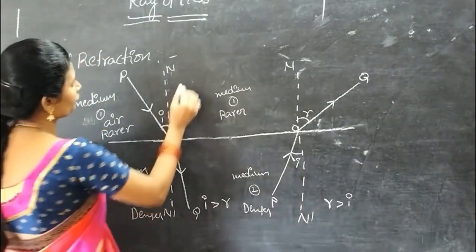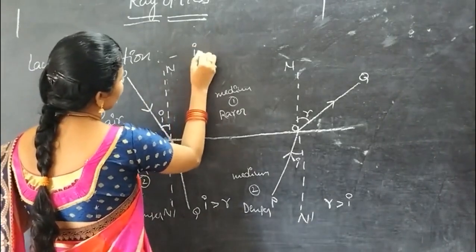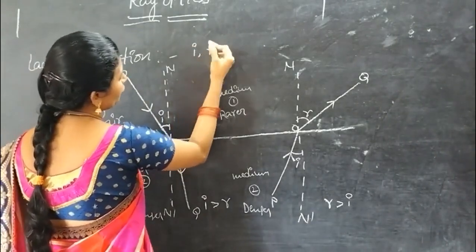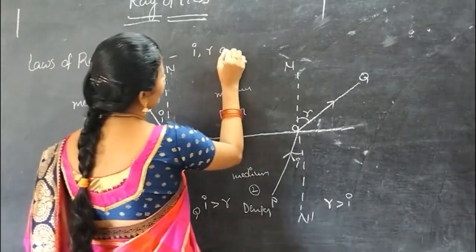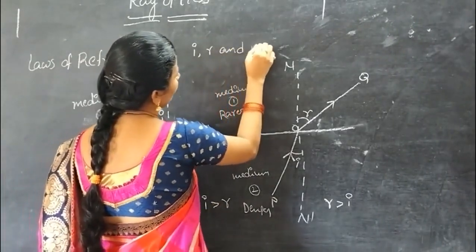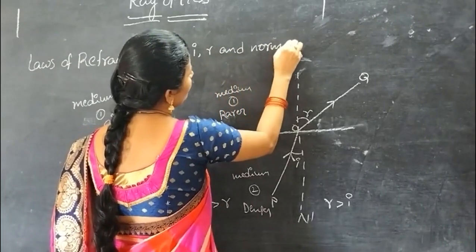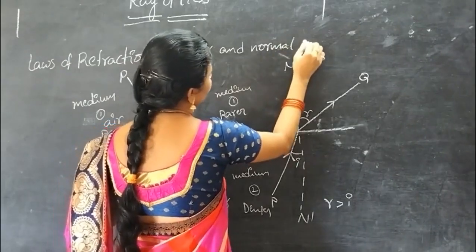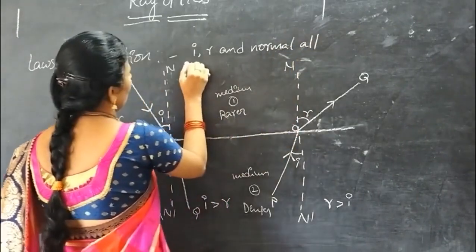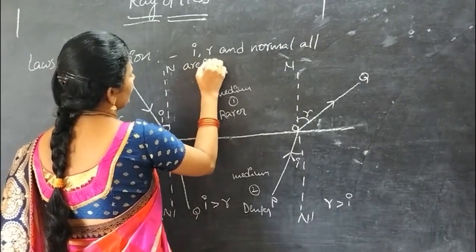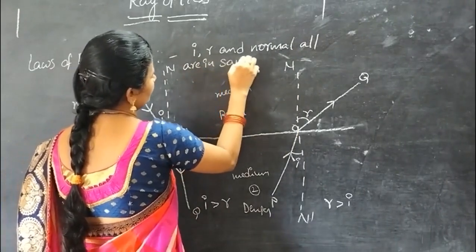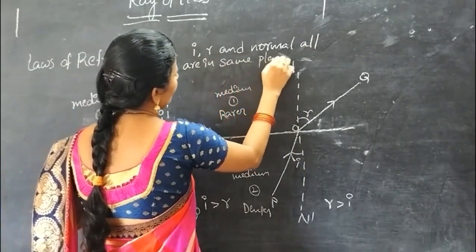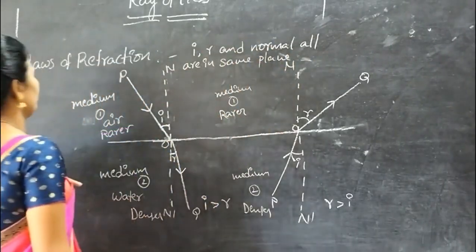The first law of refraction: the angle of incidence I, the angle of refraction R, and the normal are all in the same plane.